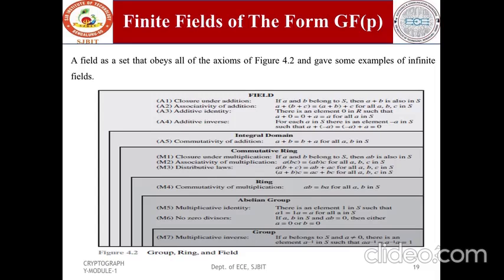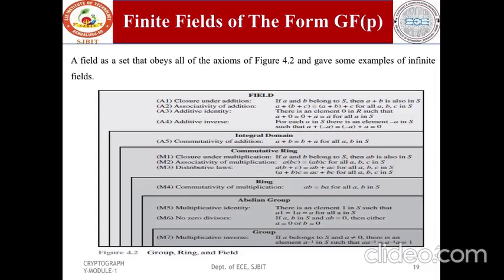Fields are divided into fields with an infinite number of elements and finite fields, and finite fields are divided into two groups. One is GF(p), that is, finite fields with p elements. GF(p^n) means finite fields with p^n elements.